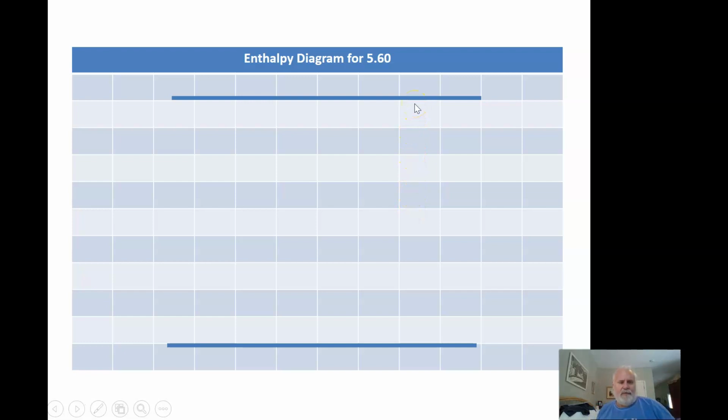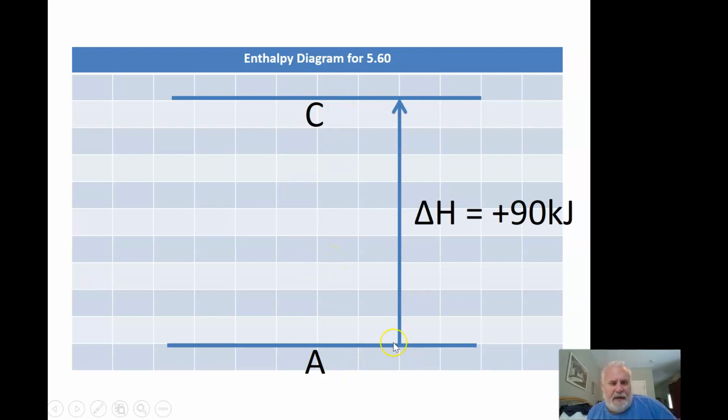And that was the difference between A and C, sorry. The way that we write that is we use arrows to say that going from A to C is an uphill climb, therefore the delta H value being a plus 90 kilojoules.